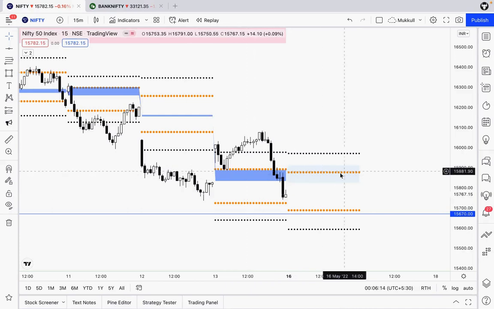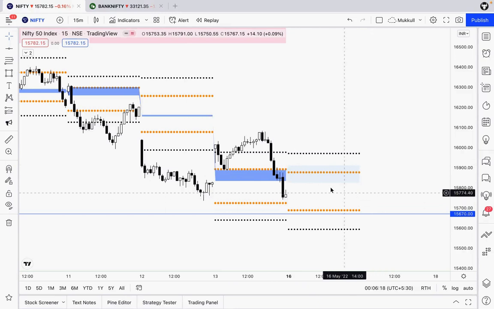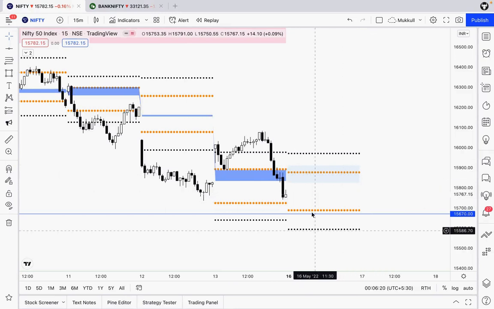Now, generally, overlapping CPR, you might see a consolidated move between these reversal levels or between these breakout levels. That is H3, in between H3, L3 or between H4, L4.